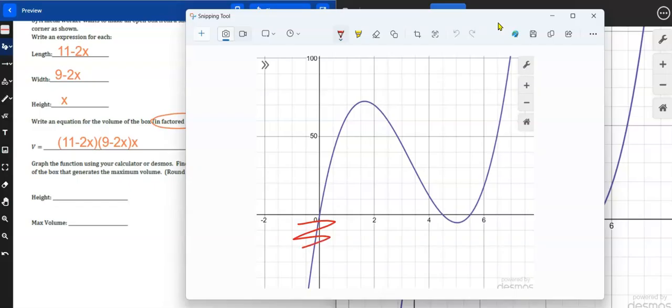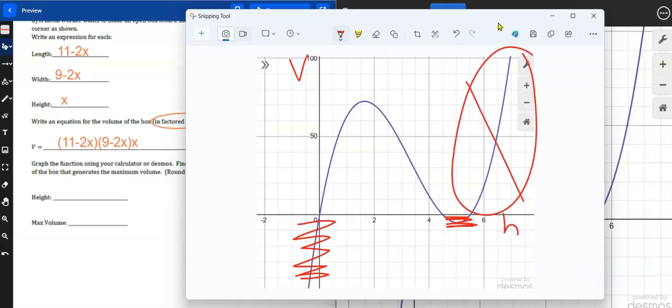Anything with a negative volume doesn't make sense. A negative volume or a negative height. Right? This is height. This is volume. But this part of the graph doesn't make sense either.